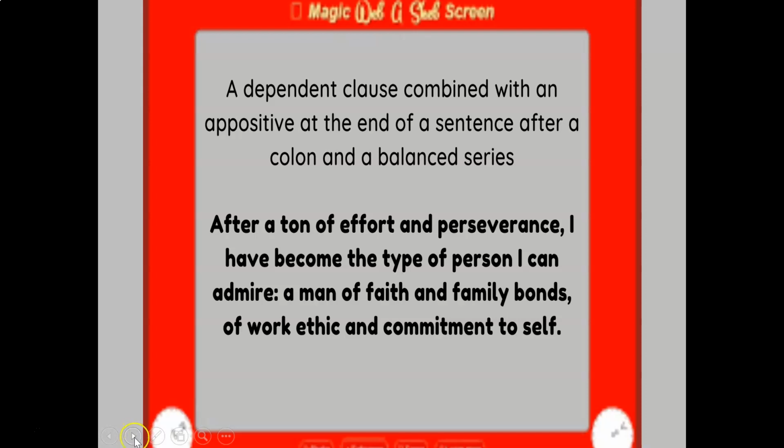So here's one more. A dependent clause combined with an appositive at the end of a sentence after a colon in a balanced series. So my students know the parts of speech. We go over this really extensively in my Nuance Academy. And in my Teach It Right 5-week mastermind, my self-paced course, even some of my one-offs that I do with the National Writing Project, I highlight the ins and outs and the comings and goings of that Nuance Academy.